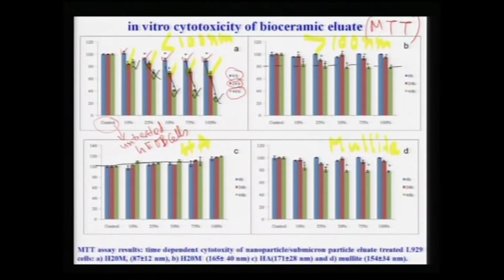In the case of hydroxyapatite, you do not see any toxicity at all, because your MTT values are at 100% or a little bit above 100%. In the case of mullite, again your MTT values are decreasing, and this decrease is more or less independent of the concentration at 6 hour, 24 and 48 hours.